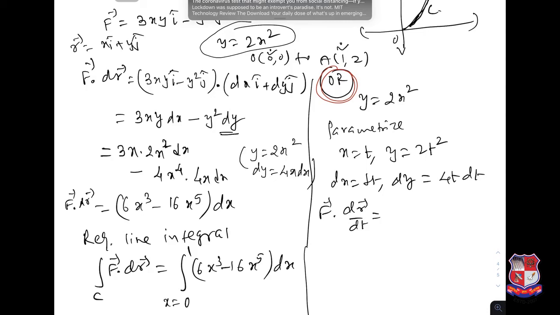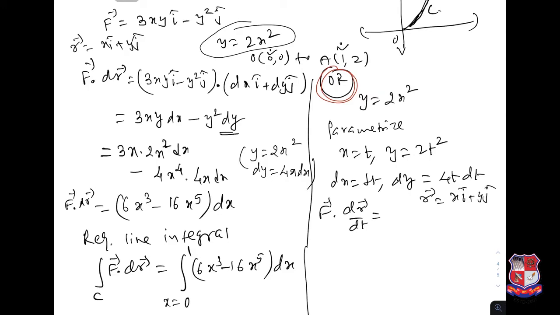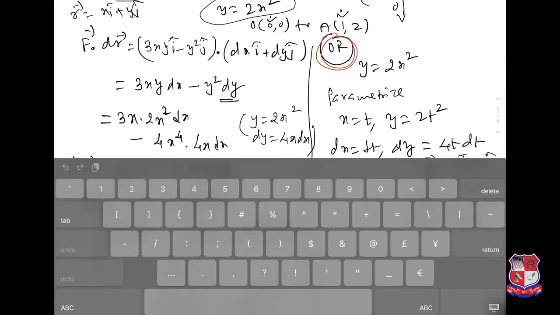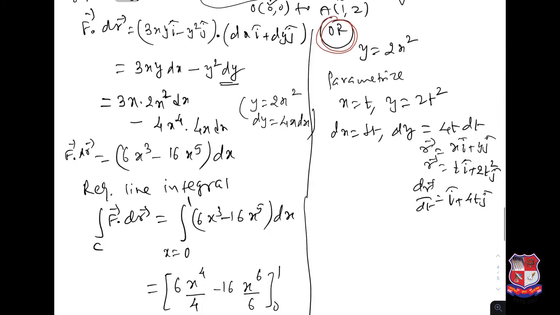Then what is r here? So r is xi plus yj, x is t, so this is t i and y is 2t square j. So dr by dt is i plus 4t j. Derivative of t is 1, derivative of 2t square is 4t.